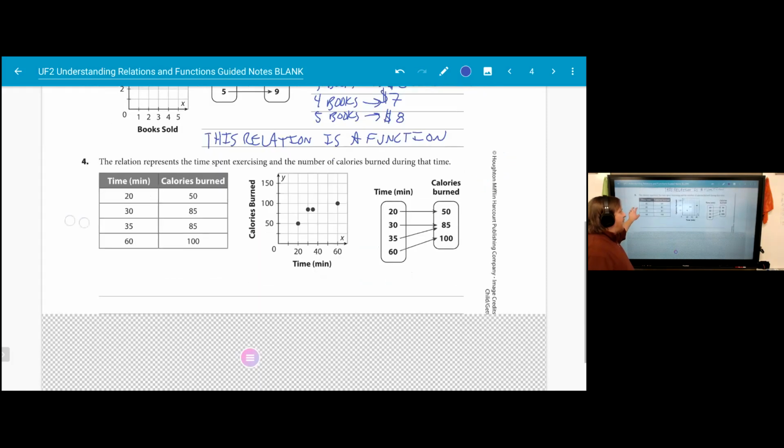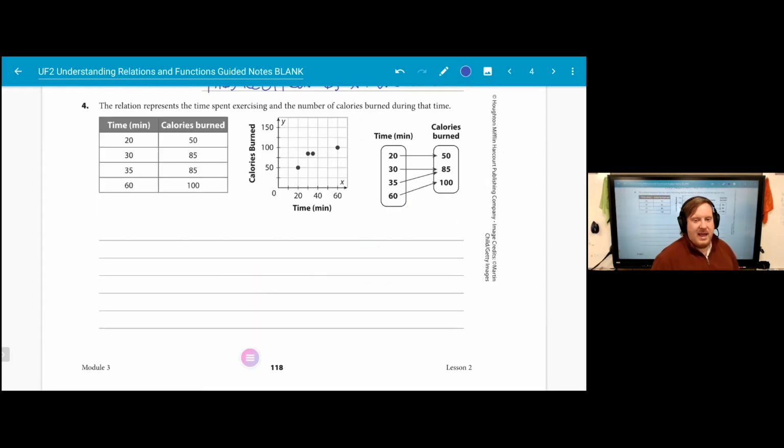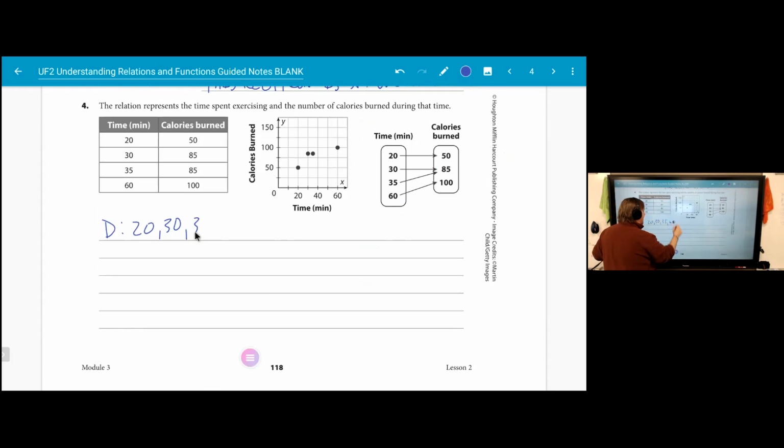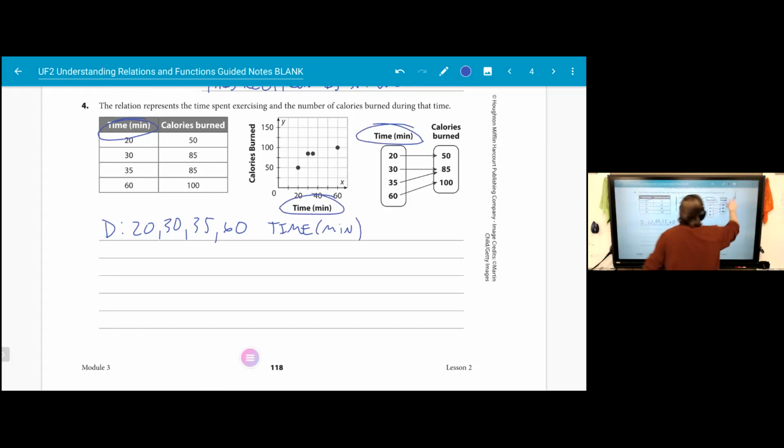If you haven't paused and done number 4, go ahead and do that. I'm going to just keep it going. We've got our table, our graph, and our mapping diagram. We've got our domain of 20, 30, 35, and 60. That is time in minutes, because that's what it says right there, and right there, and right there.